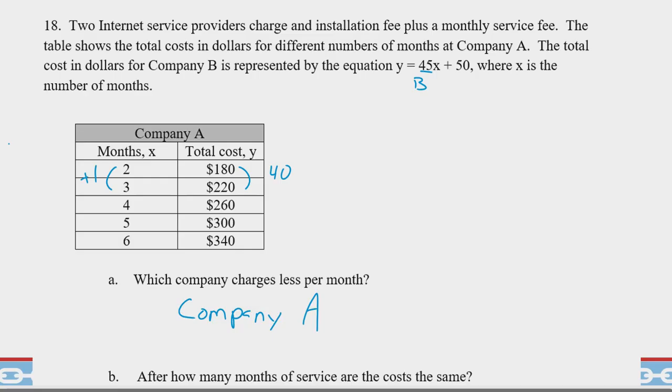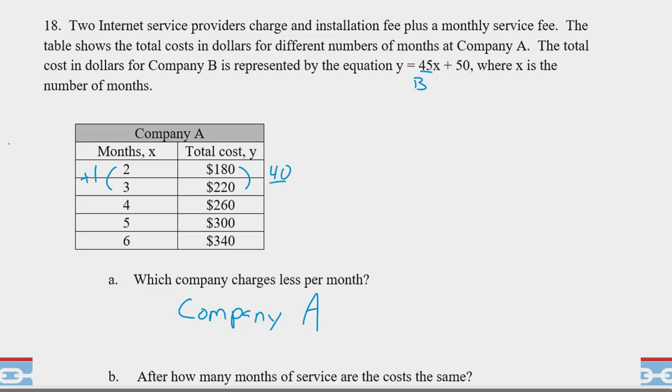After how many months of service are the costs the same? Right. So if you're in maybe a short-term rental or something where you know you're not going to need internet for a long time, you need to weigh those different startup costs and see which one is the better deal for you. So we need to write an equation then for company A. We know their slope, right? It's 40.